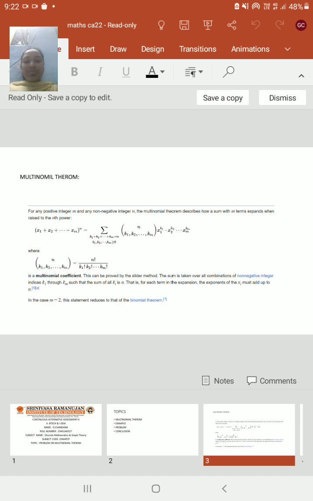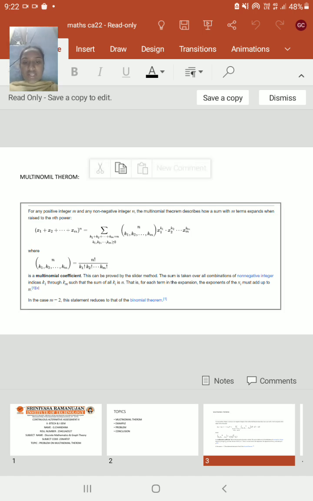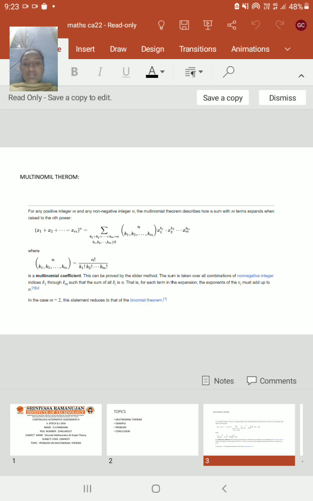The expansion is (x1 + x2 + and so on + xm) to the power n equals the summation over k1 + k2 + and so on + km = n of n factorial by k1 factorial k2 factorial and so on km factorial, times x1 power k1 into x2 power k2 and so on xm power km, where n choose k1, k2 and so on km is n factorial by k1 factorial into k2 factorial into and so on km factorial, is a multinomial coefficient. This can be proved by the slider method.